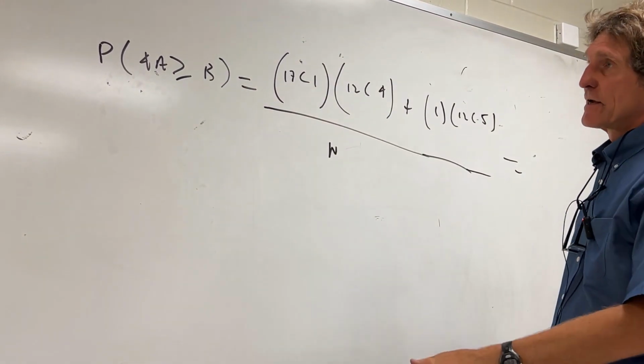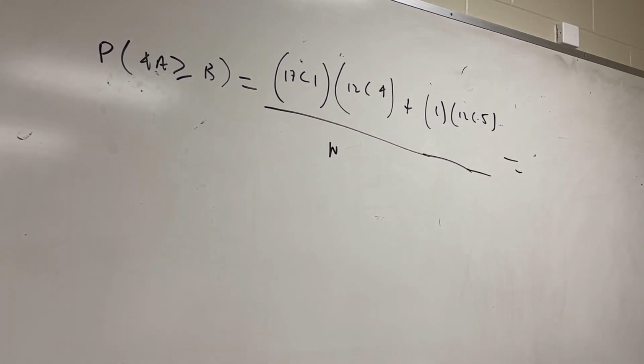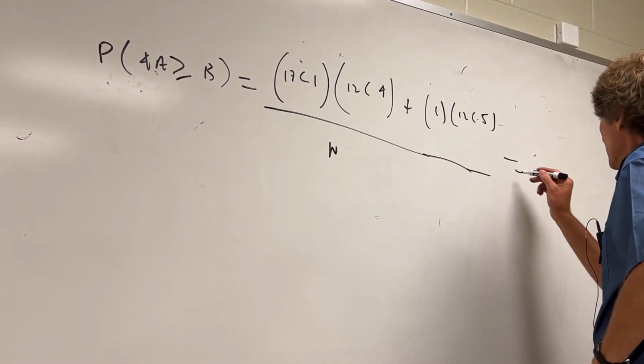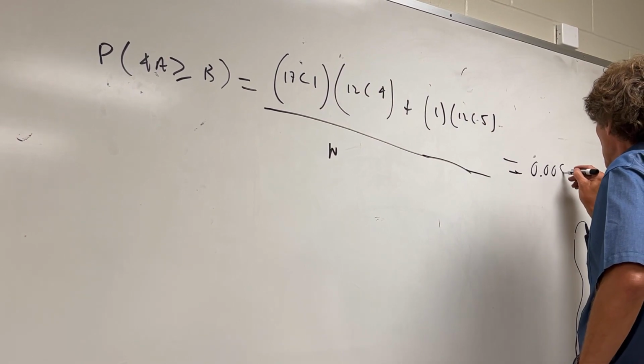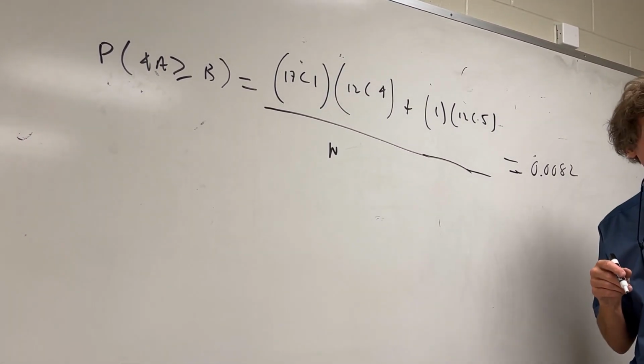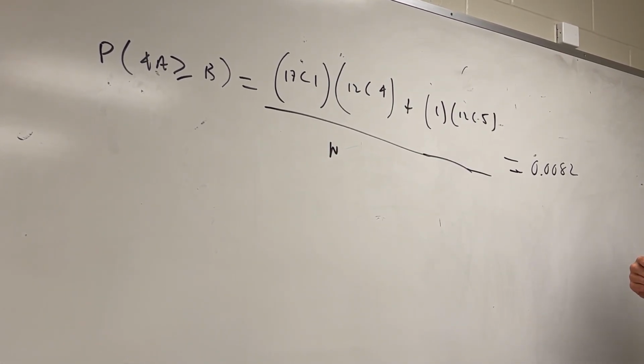All right, what is that? Because I don't know what these numbers are off the top of my head, but the answer will be 0.0082. Is that right? So it's 0.82%? Is that right, class? Did I put the answer for this one?